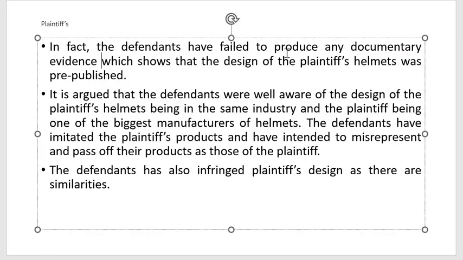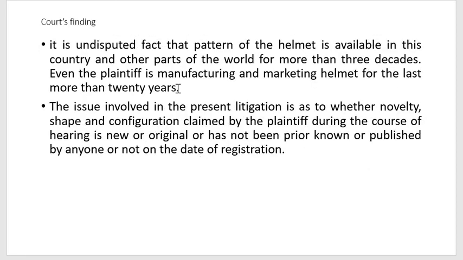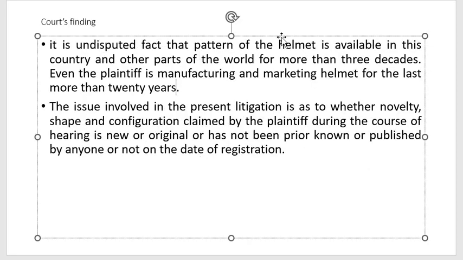The plaintiff said that the defendant failed to produce documentary evidence that the helmets were pre-published before the plaintiff's design, and that the defendant was aware that the plaintiff's helmets were already in the market. But the defendant is saying that the plaintiff's registration is altogether invalid. So the court said that patterns of helmets are available in the country and in the world also.